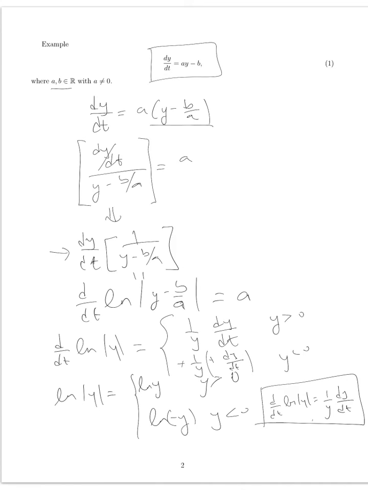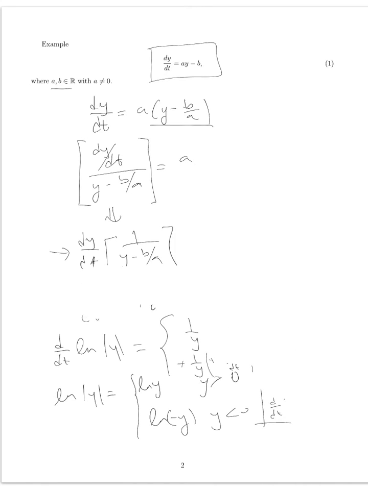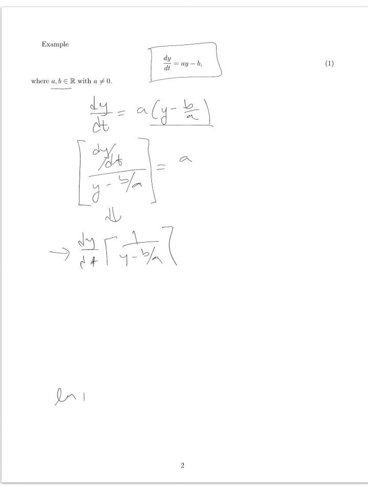So this knowledge then tells me that I can write my differential equation as d dt natural log of absolute value of y minus b over a is equal to a.